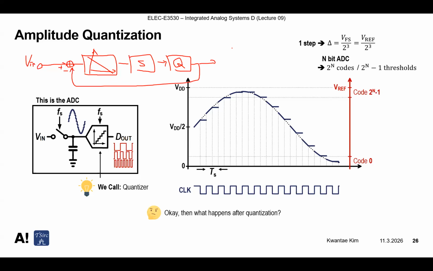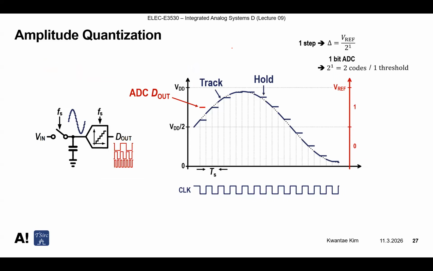Okay, then what happens after quantization? So I just drew the quantization threshold only in this graph. I didn't draw the ADC output waveform, not yet. So let's go through that part. Let's go back to a simpler expression of the ADC.